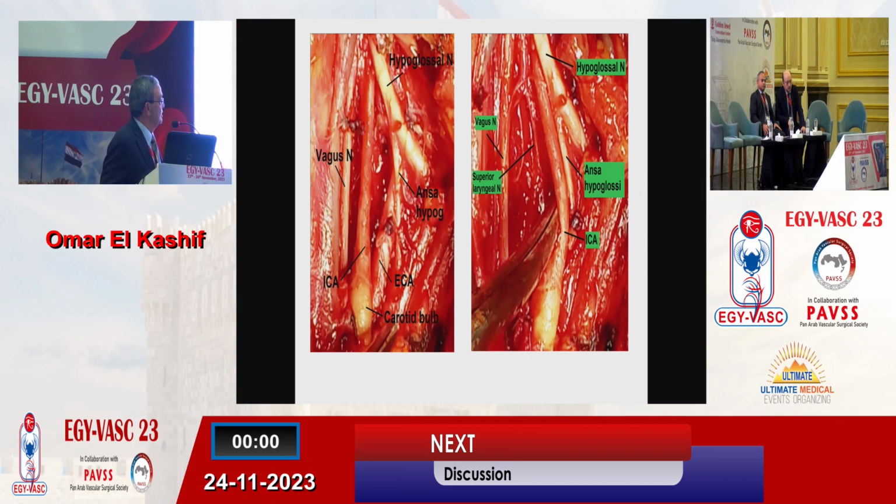And this is the operative field after finishing the operation with the 3 cranial nerves and the superior laryngeal nerve exposed and intact.